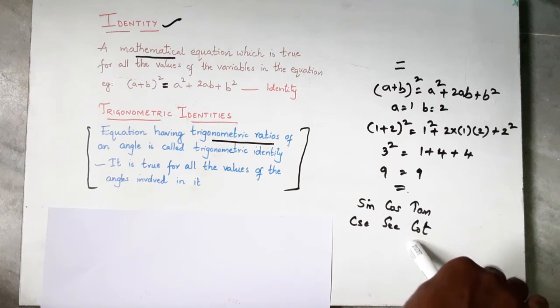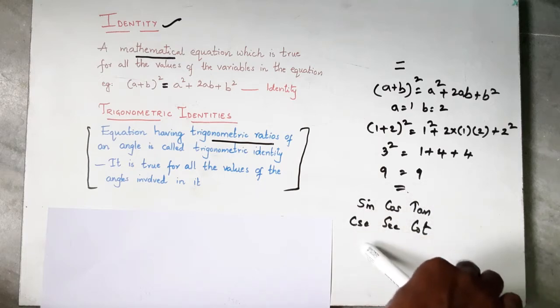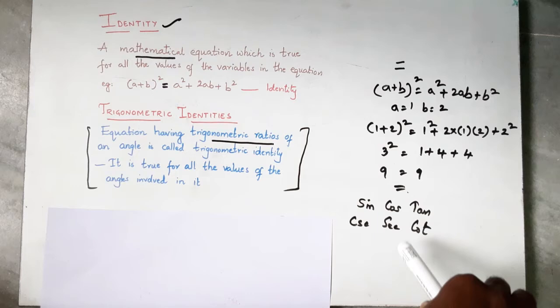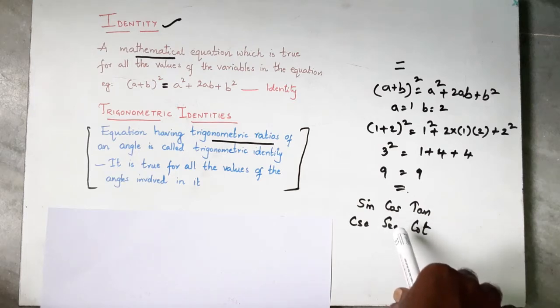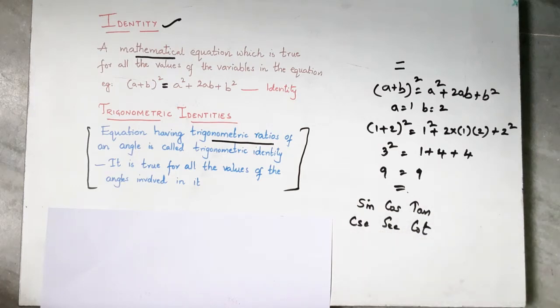When you substitute the values in the given angles involved in it, LHS is equal to RHS. So what are those identities? Let us see. Now we are going to find the trigonometric identities.